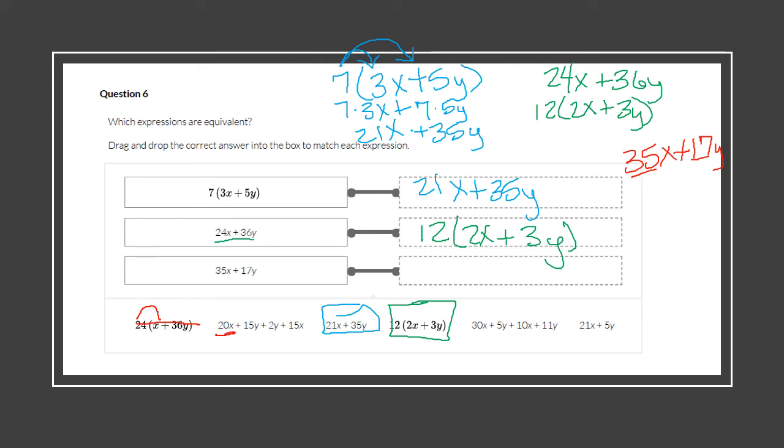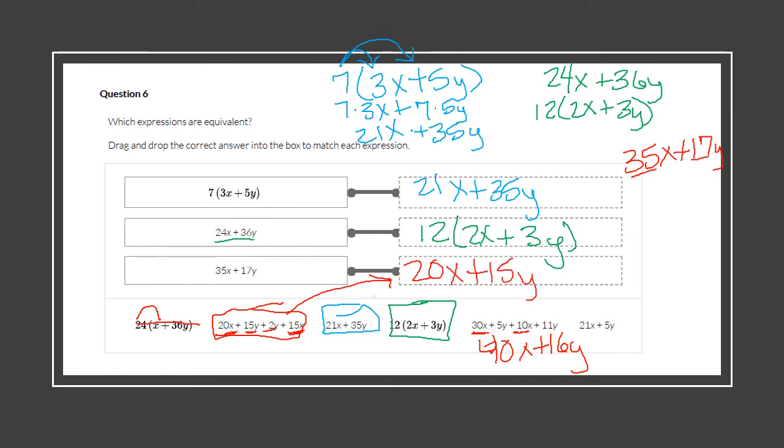On this one, they want to combine, so I look at 20x and 15x and get 35, so that's right. And 15y and 2y, 15 plus 2 is 17, so that one could work. I want to also check this last one, 30x and 10x. Oh, that'll give us 40x plus 16y. So that's not our option. So our answer here is this one, 20x plus 15y plus 2y plus 15x.